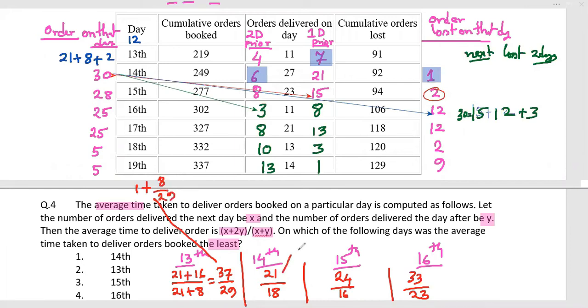This one, it would be 1 plus 3 by 18. This is 1 plus 8 by 16. This is 1 plus 10 by 23. And out of these 4 fractions, find which fraction is the least. Least fraction is 3 by 18, 1 by 6. So basically the answer will be 14. So 14th is the answer for the problem.